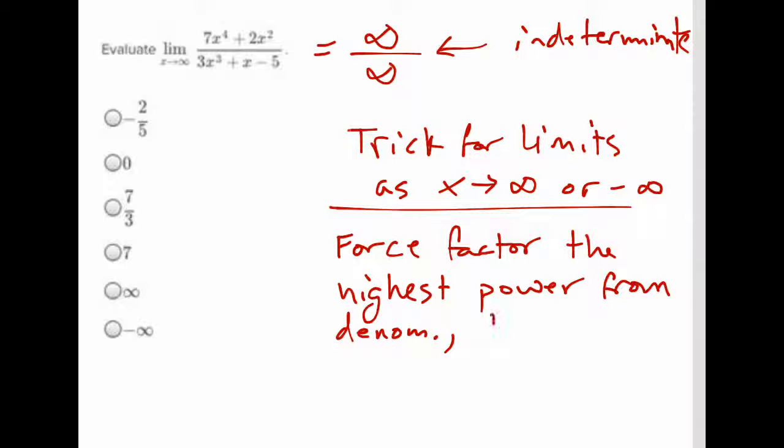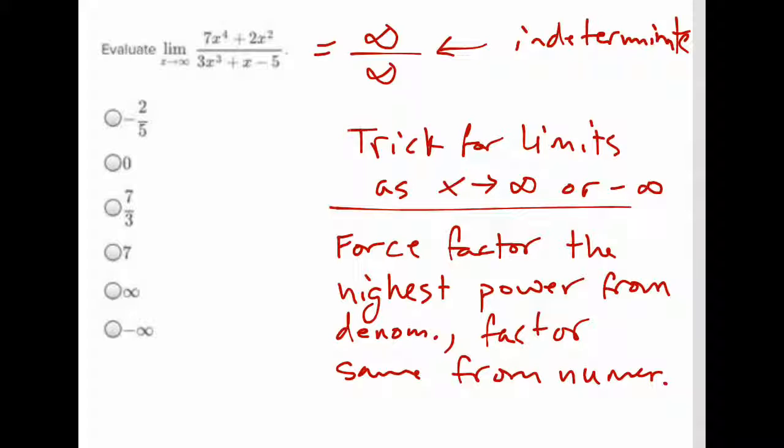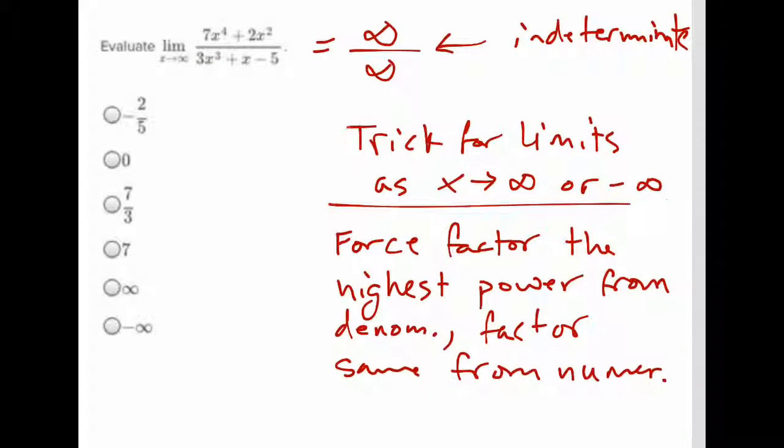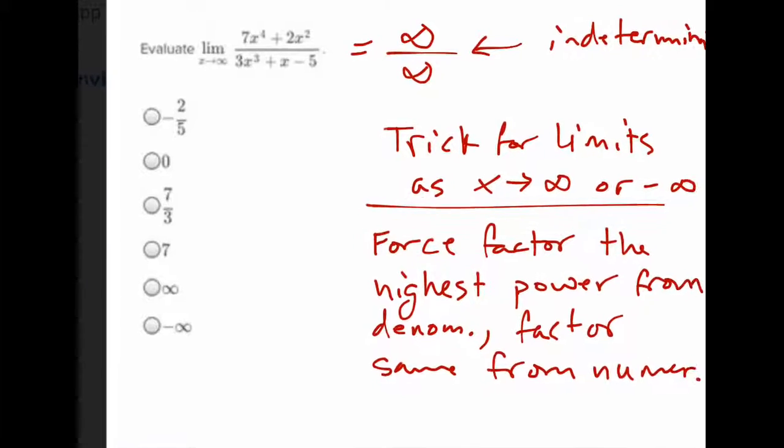So factor the same from the numerator. Okay, so if I look at the bottom, the denominator, the highest power of x is x to the third. So I'm going to force factor out an x to the third. So let me just rewrite this part.